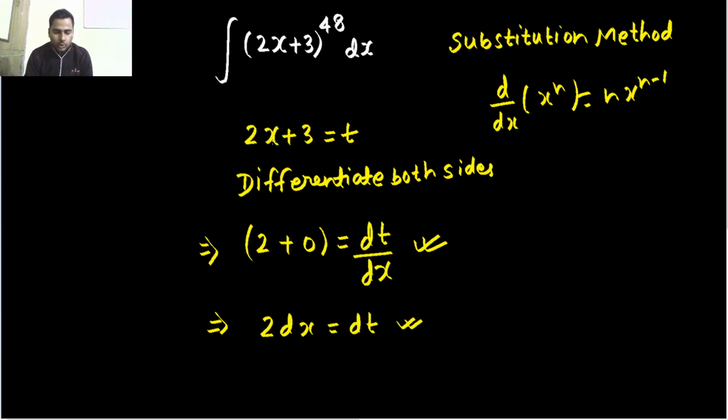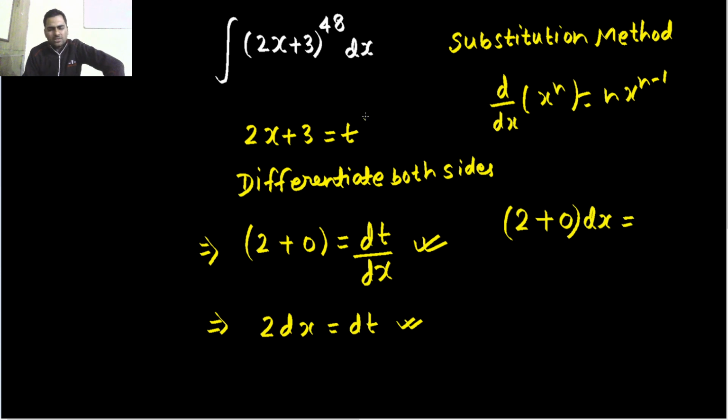Here you will get 2. Obviously we'll differentiate with respect to x because everything is in x, so differentiate LHS with respect to x. And after differentiating, when you get something like this, 2 plus 0, just multiply this by dx. Just as simple as this.